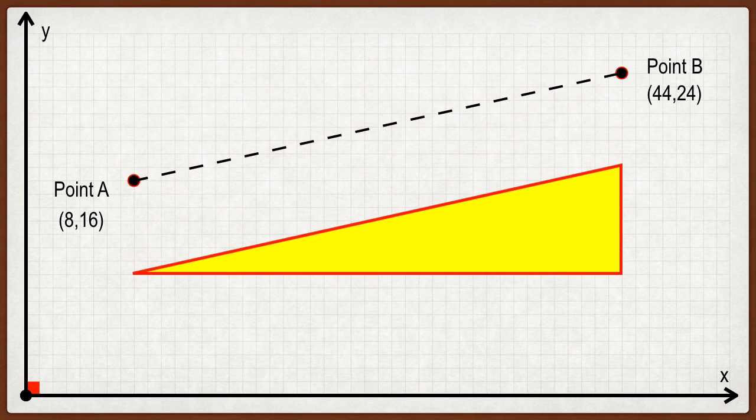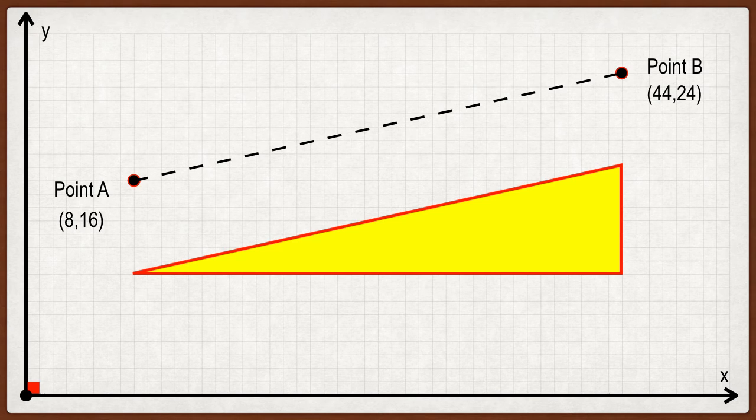What's the width of this right triangle, the one that I have? How many blocks is it across according to the coordinates? Yep, it's 36. 44 minus 8. And how tall is it? What's the vertical size?